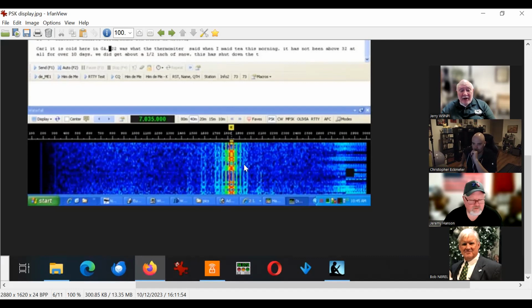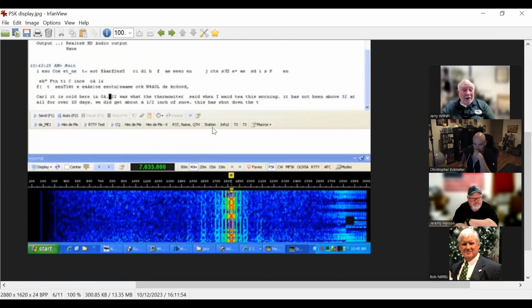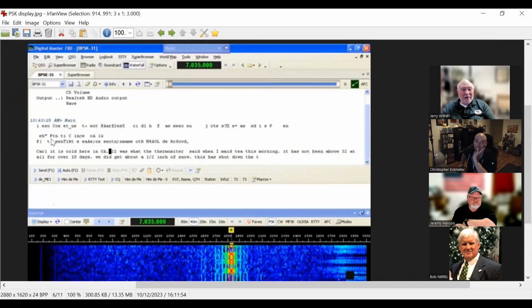But anyway, these are a bunch of stations that are talking, and up here, here's a conversation, and when he's finished talking, you can switch over and type on in this section of the screen. There's software. I use it. This is called Digital Master.